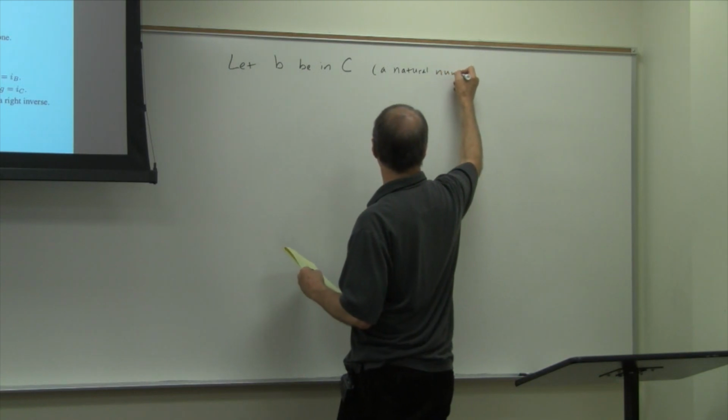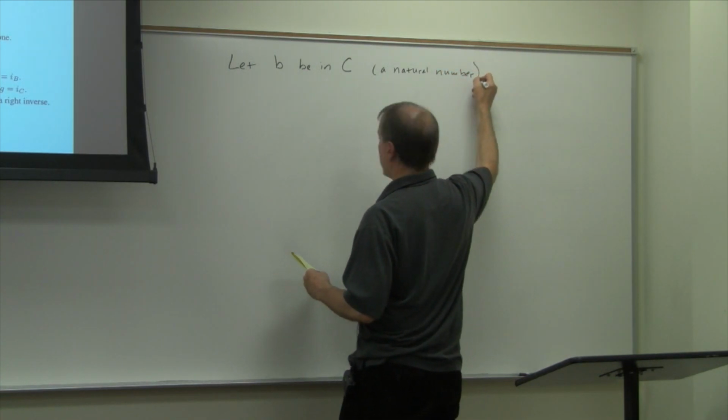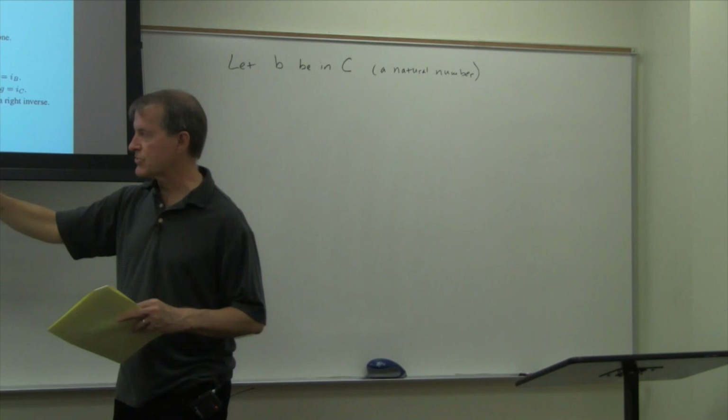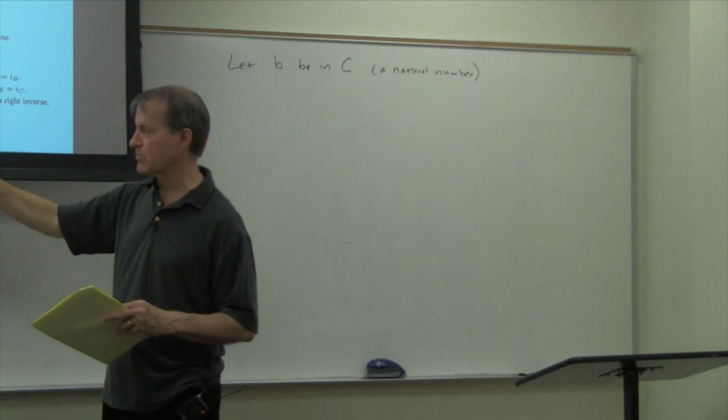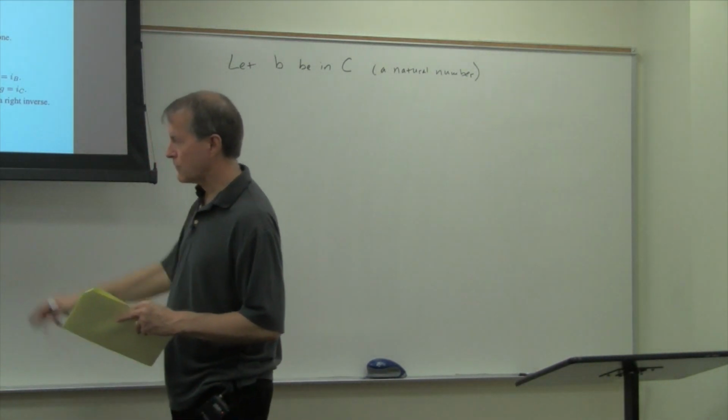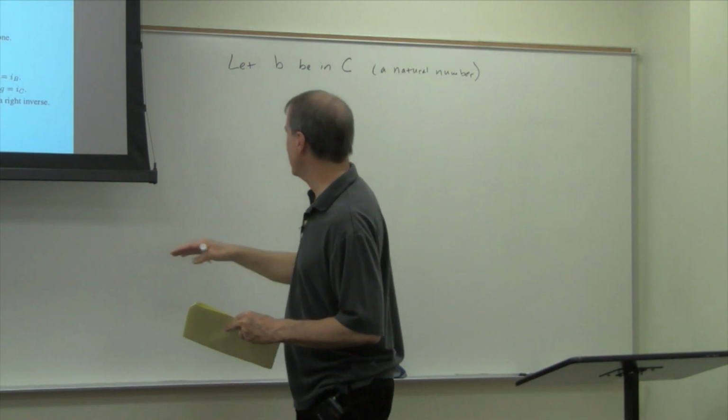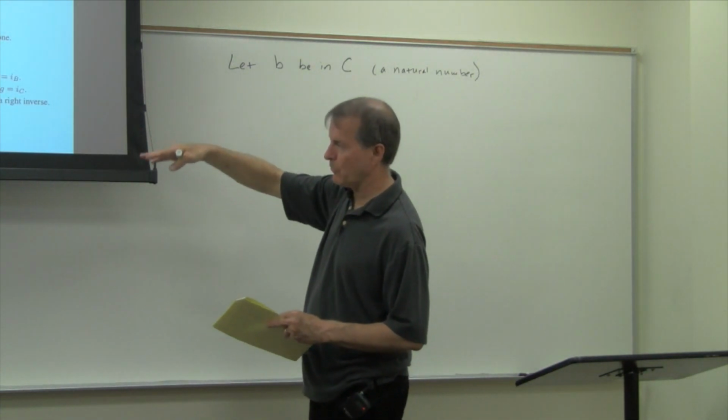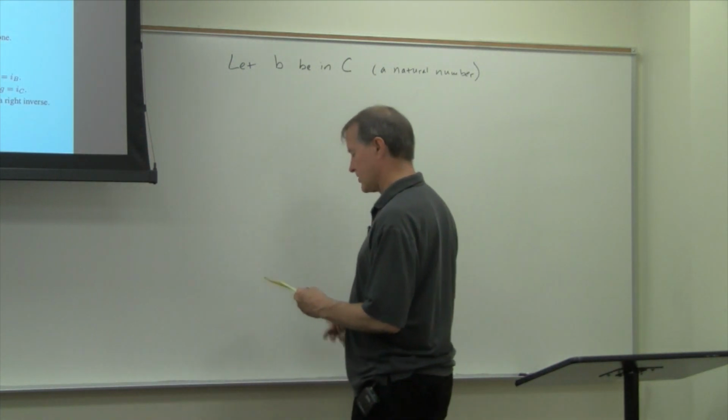If you notice, C was 0, 1, 2, so those are natural numbers. These are finite ones, but anyway, if it's a natural number, it would work if it went on up, right? Okay, so let little b be in C.